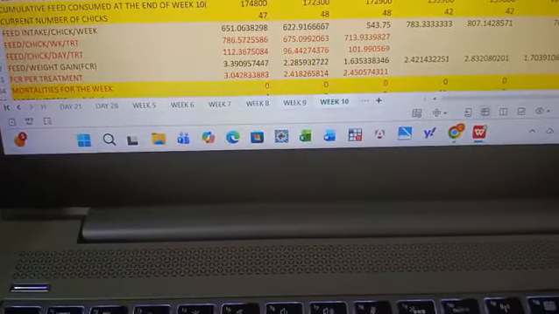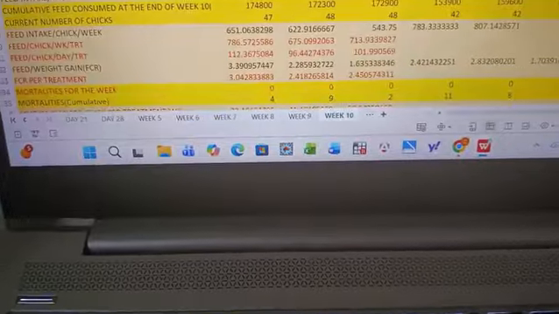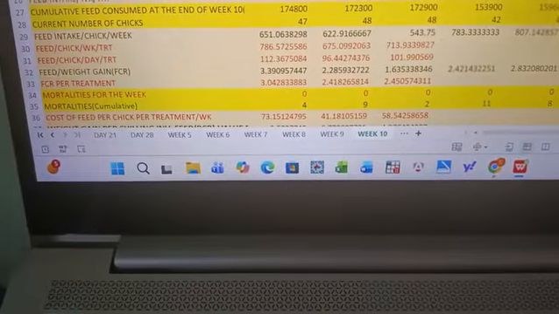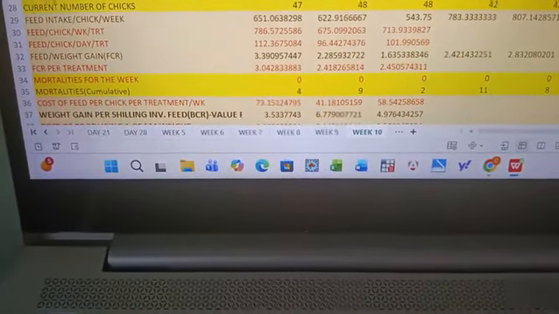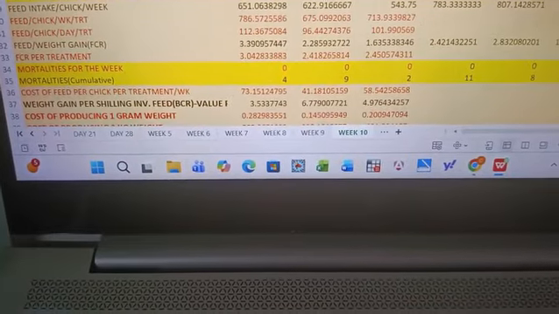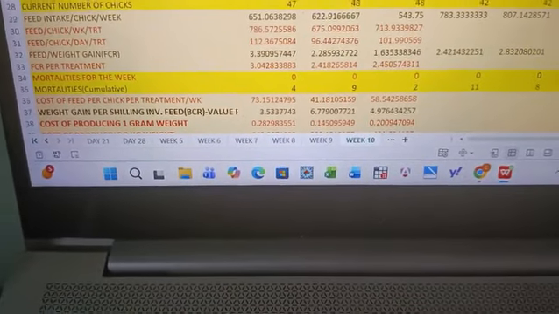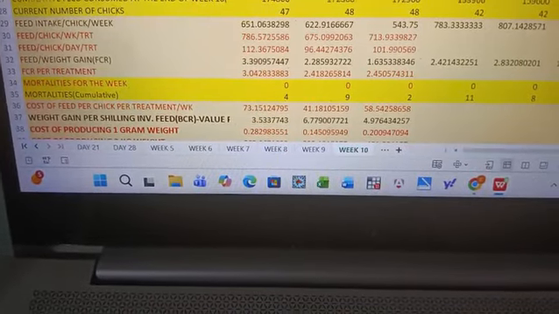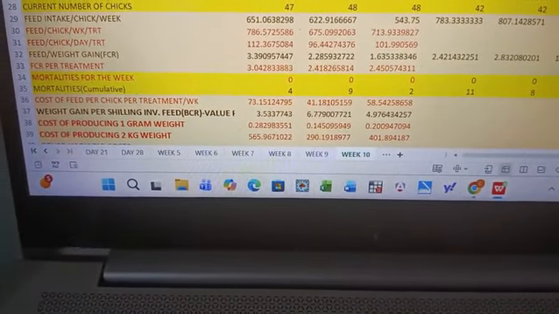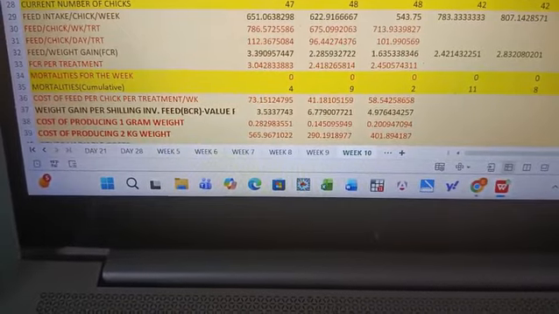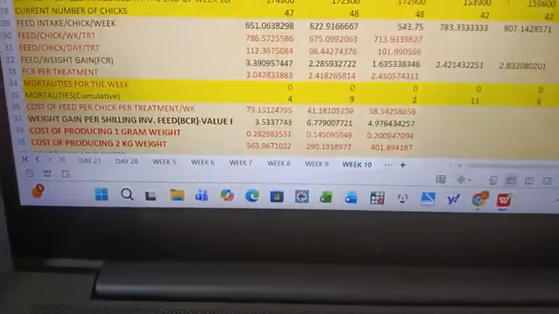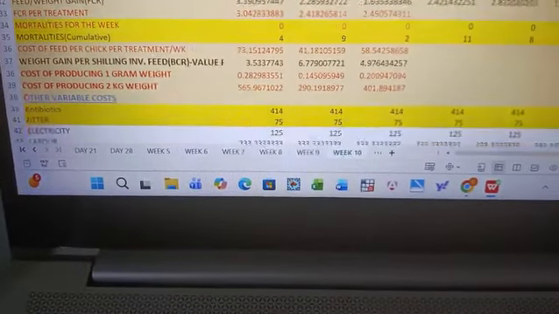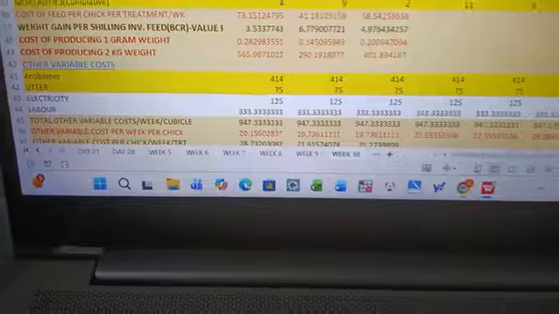So that's also computed, but we will want to see that feed conversion ratio across all the 10 weeks, so that then we are able to make some inferences, and it will assist us to make some decisions as to which type of feed is more ideal in terms of efficiency, because then that's what will determine the profitability of our poultry enterprises, depending on which type of feed that each bird is feeding on.